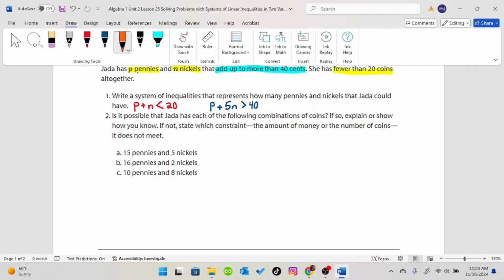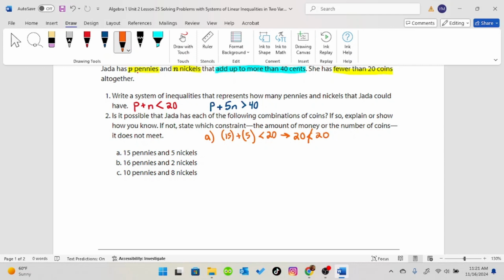So let's check A. In A, we have P, which we're going to replace with 15, plus N, which we're going to replace with 5, and that would need to be less than 20. Well, 15 plus 5 is 20, and 20 is not less than 20. So it does not meet the first constraint.